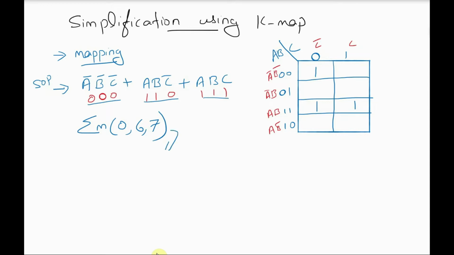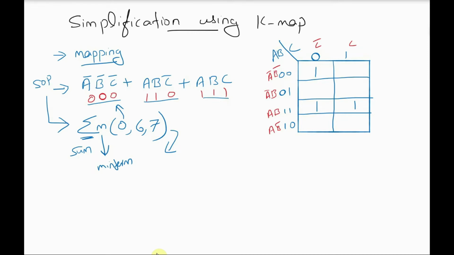So, if something is given like sigma m of 0, 6, 7, sigma means sum, m is min term or product term, sum of min terms 0, 6, 7. That means 0 is 0, 0, 0, that is a bar, b bar, c bar, plus 6 is 1, 1, 0, that is a, b, c bar, plus 1, 1, 1 is 7, that is a, b, c. So, SOP expression is written as sigma m of min terms.